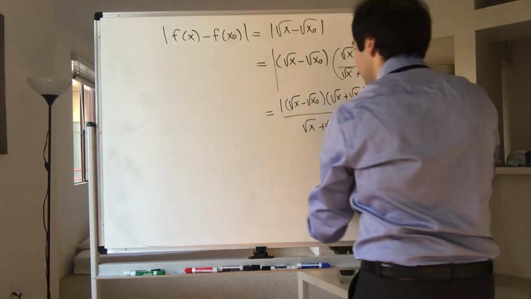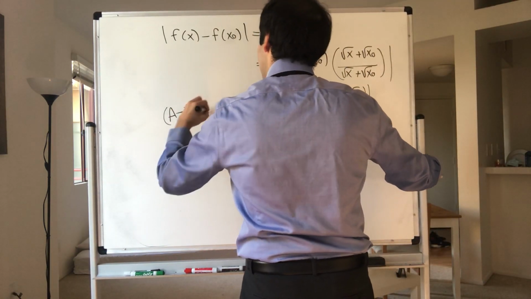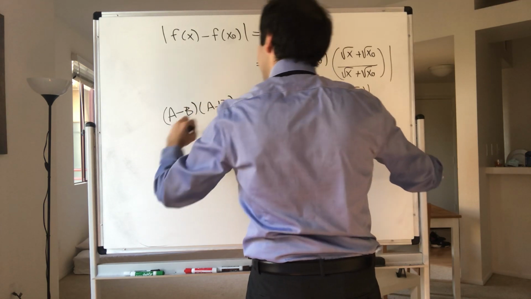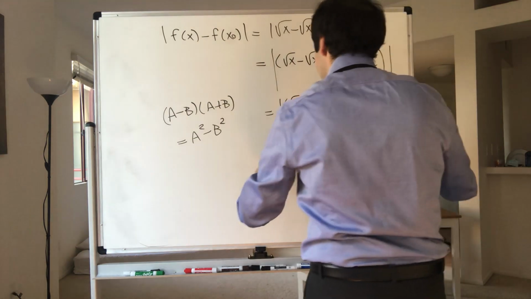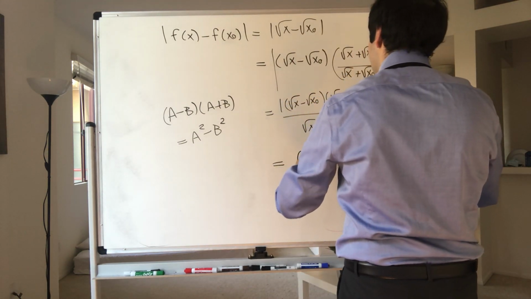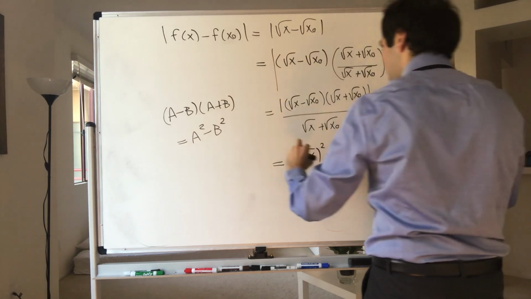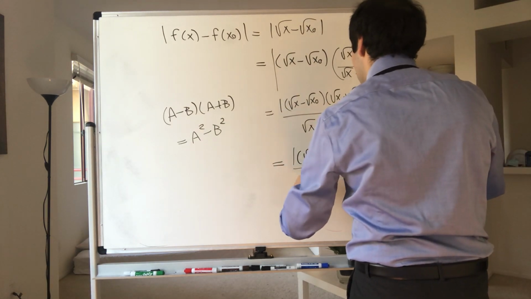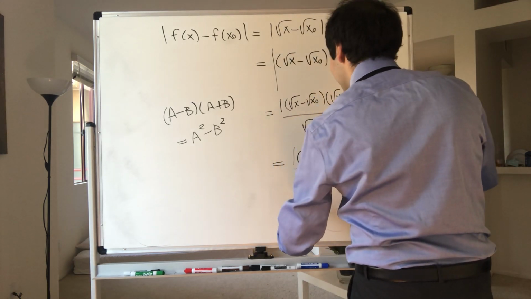Now, the numerator becomes a minus b times a plus b, which is a squared minus b squared. So this is just the absolute value of square root of x squared minus square root of x naught squared, over square root of x plus square root of x naught. But then, how nice is that?